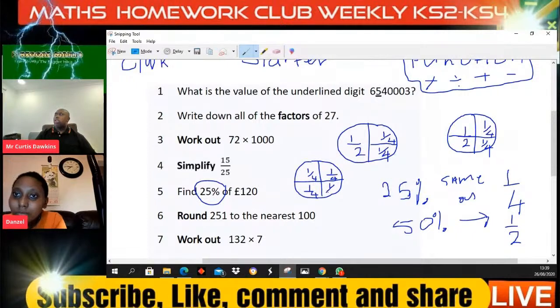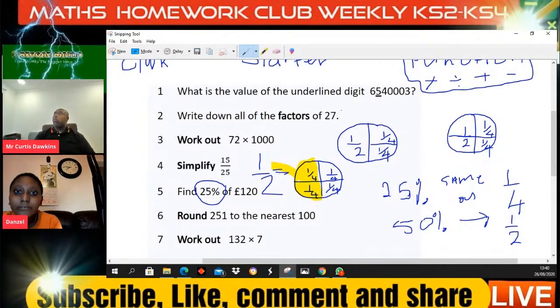If I then, Denzel, shade these 2 here, all of the bit that I shade, what does it represent? How much do I shade? I shade 2 quarters, which is a half. 2 quarters, which is equal to a half.